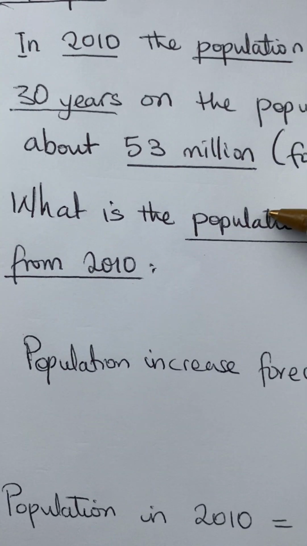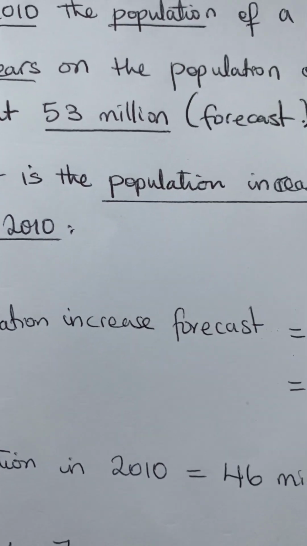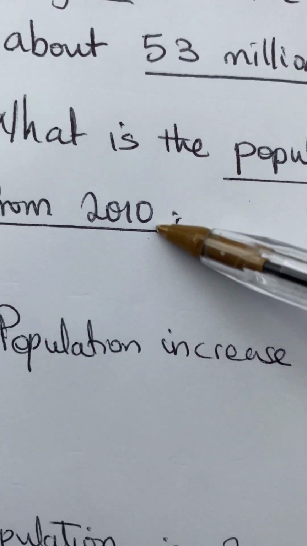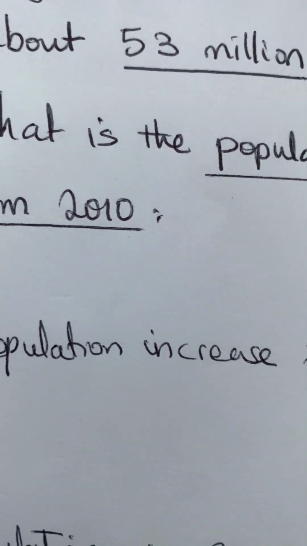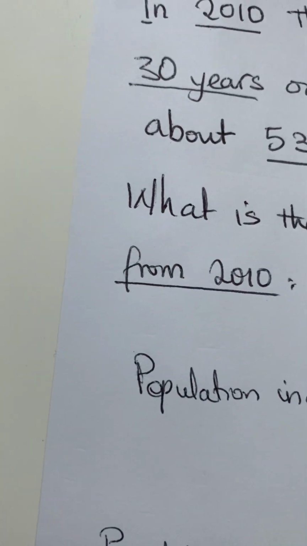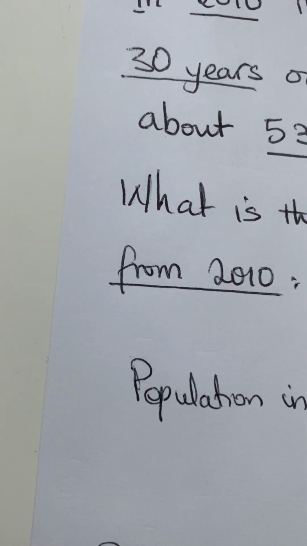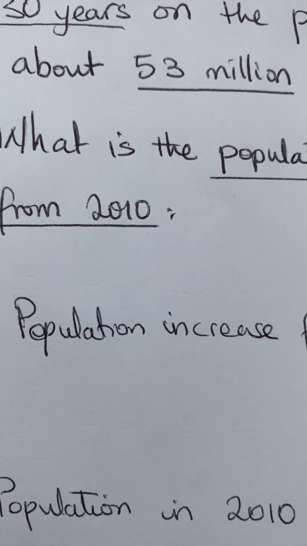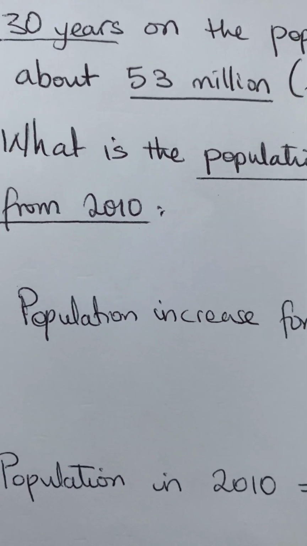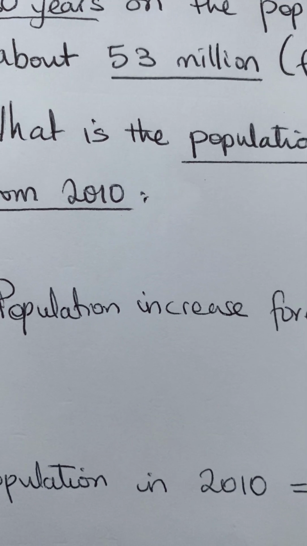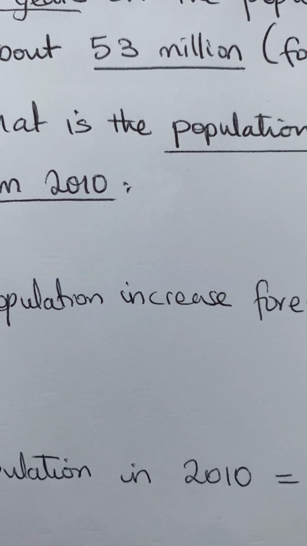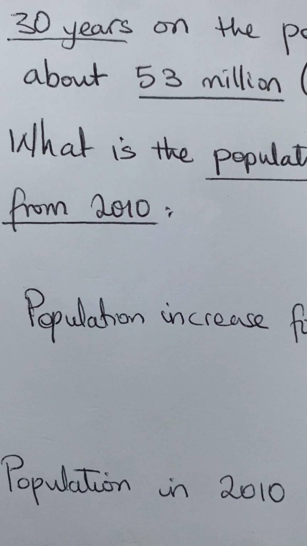Now the question is, what is the population increase forecast for the next 30 years from 2010? So that will be 2040. Now, we've done population increase, we've done percentage increase and percentage decrease. The videos are there. Please go back and help yourself.